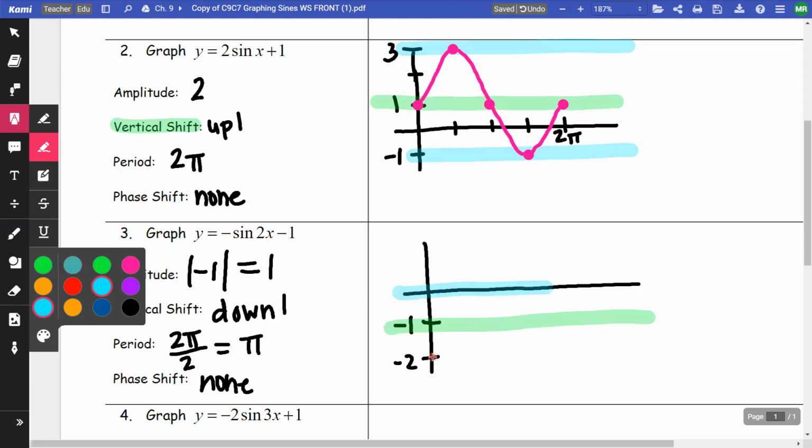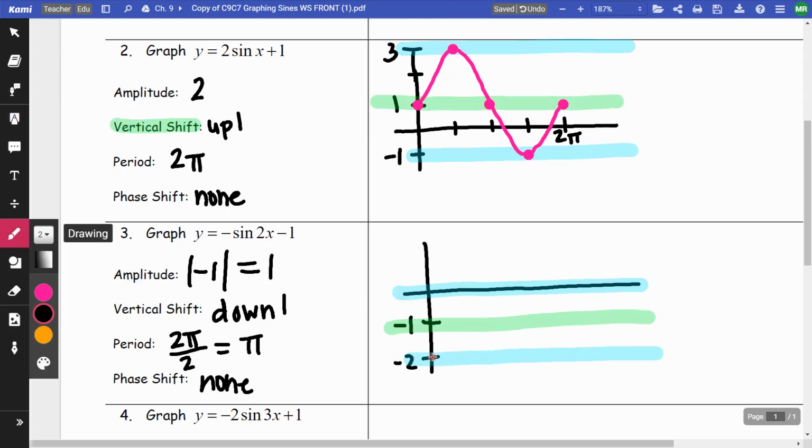So this is going to be my highs on the x-axis, and my lows are going to be down at -2. And I'm going to have 5 marks, 1, 2, 3, 4, 5, and this is pi. Okay, we're going from 0 to pi.